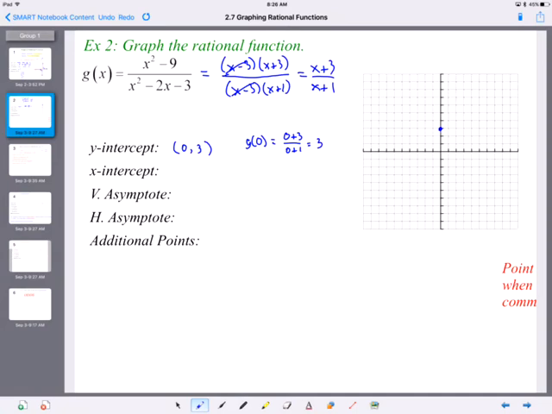Alright, x-intercept, you know y is 0, so we're going to say 0 is equivalent to x plus 3 over x plus 1. We'll multiply by the denominator, and that will leave us with 0 is equal to x plus 3.